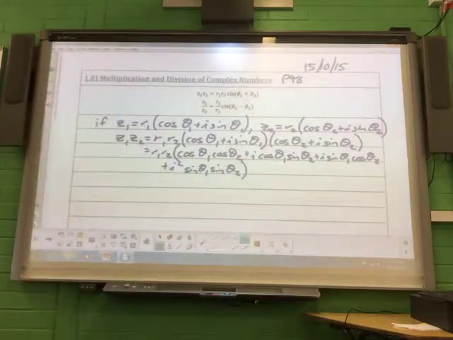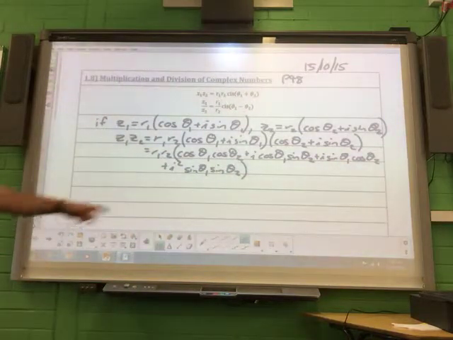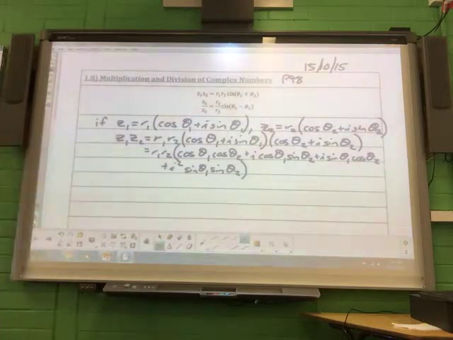From there, remembering that i squared is negative 1, so that's going to become a takeaway.